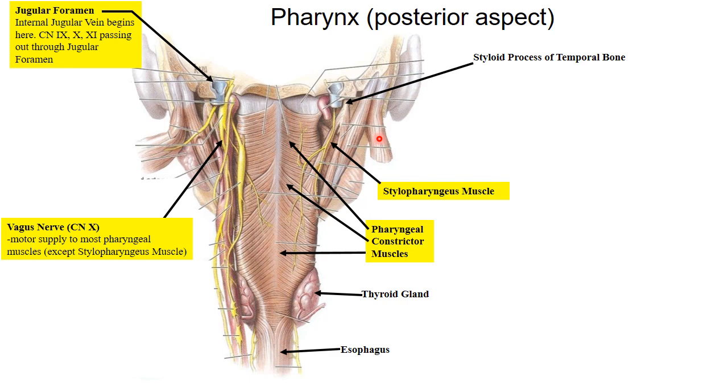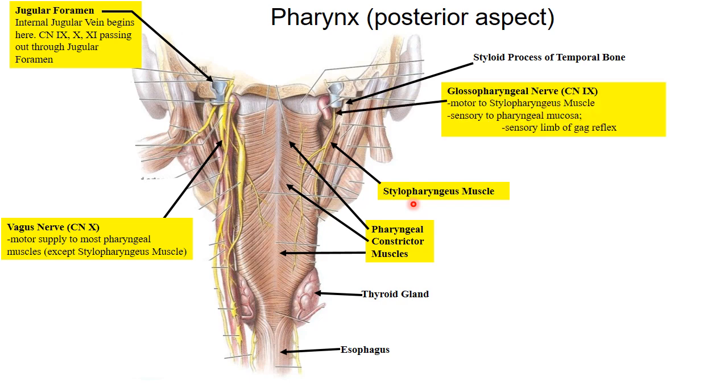Now, if vagus is not motor to this muscle, and it's not, who is? The nerve that's motor to this muscle is this guy, the glossopharyngeal nerve, or cranial nerve 9. Okay? In fact, that is the only muscle that the glossopharyngeal nerve supplies. The glossopharyngeal nerve is only motor, let me say it this way, to one striated muscle.